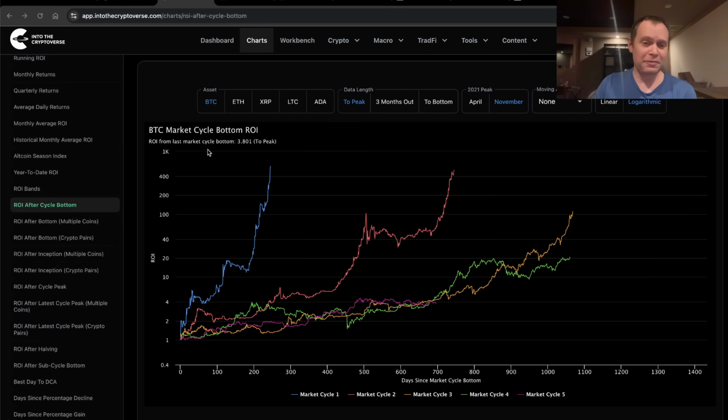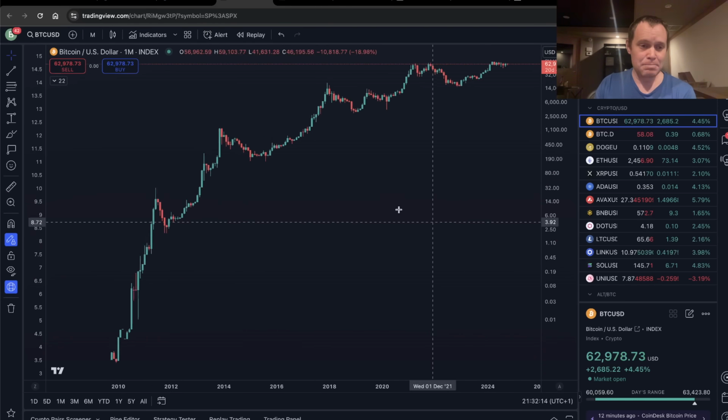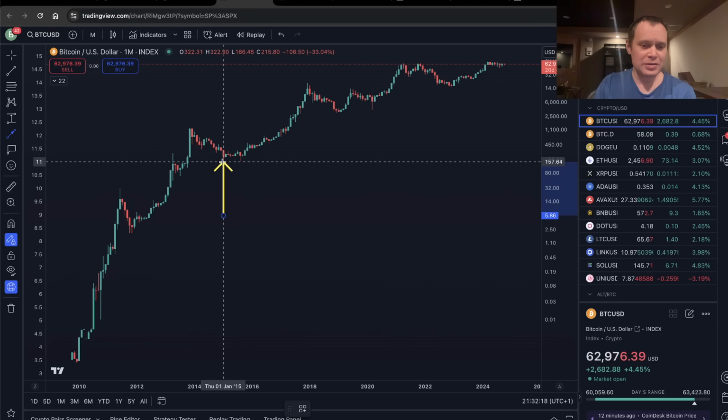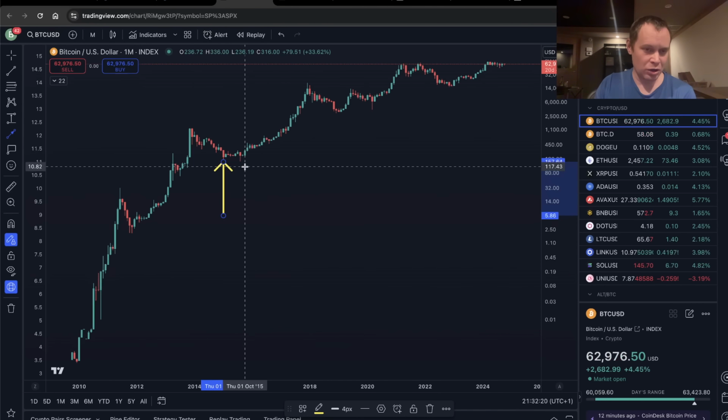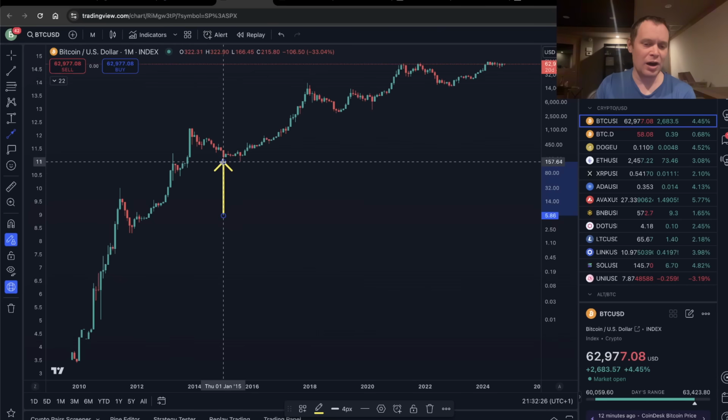Okay, now the first thing to look at is the ROI from the low. There is no mistaking the fact that Bitcoin has developed major lows near the end of midterm years, 2014, 2018, 2022. Technically, in the 2014 bear market, the low actually occurred in January of 2015.